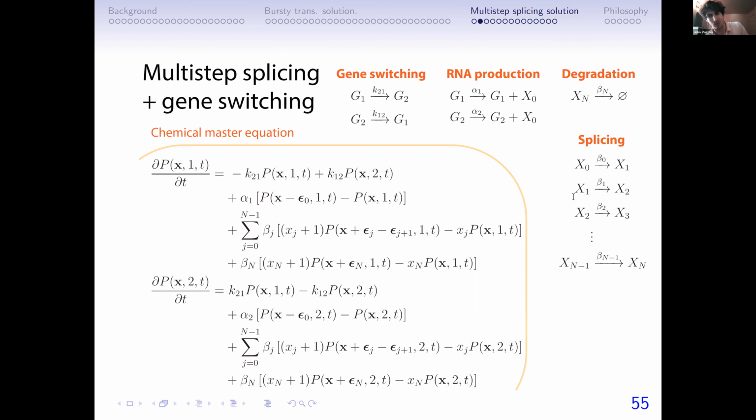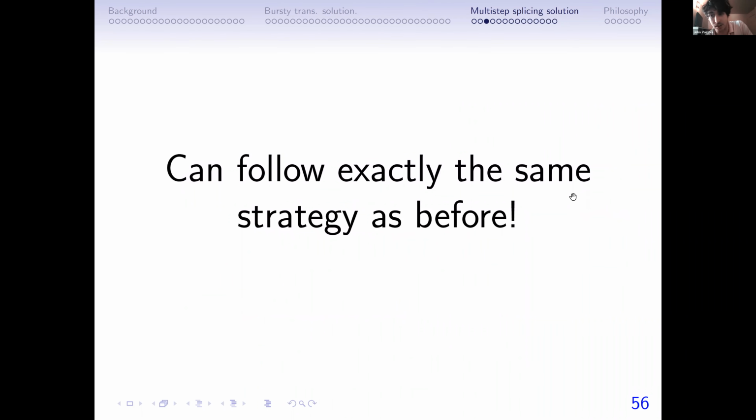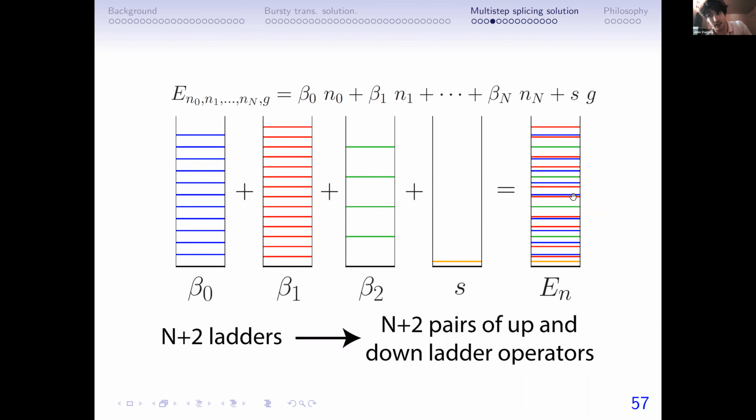And the chemical master equation in the bottom left looks super complicated. You have to be careful when you confront something like this, or you're going to get hurt. But the amazing thing is that you can follow exactly the same strategies as before to get an answer. This time, you need a few more ladder operators.